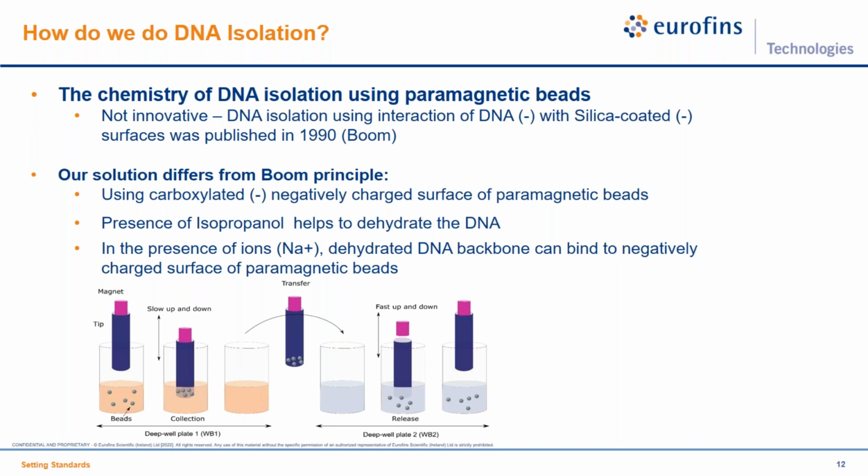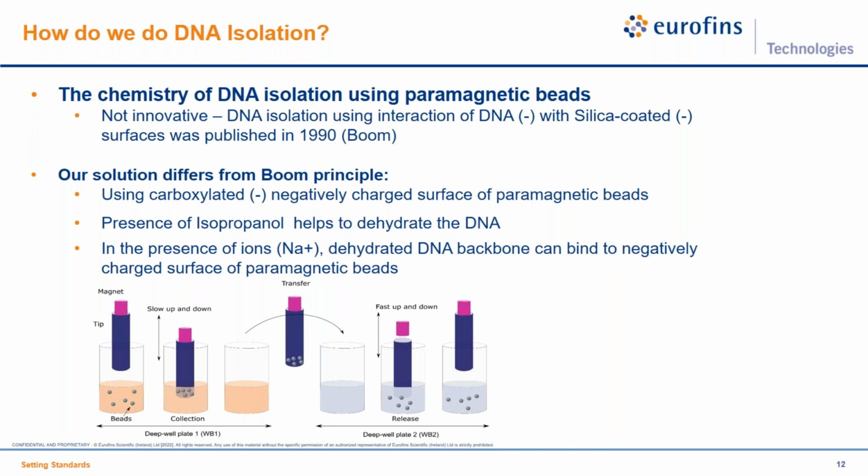How that? So our solution differs a bit. So we are using, instead of a silica coated surface, a carboxylated but still negatively charged surface bound to magnetic beads, because these magnetic beads will allow an automation. Because what we also want is to facilitate, not only to harmonize, but giving the customer the possibility to run it on an automation platform.